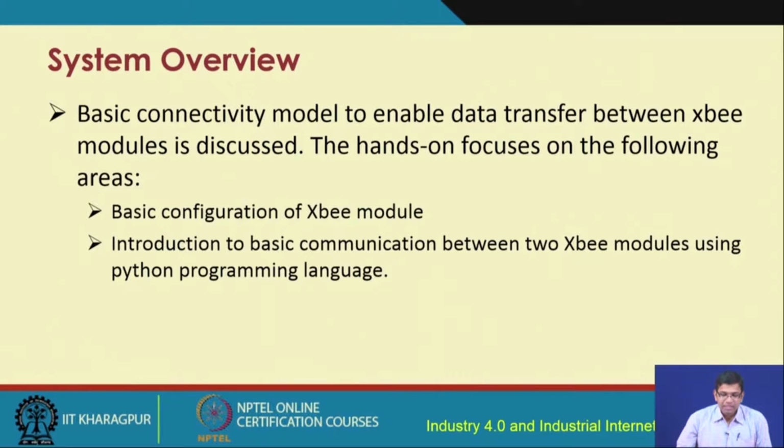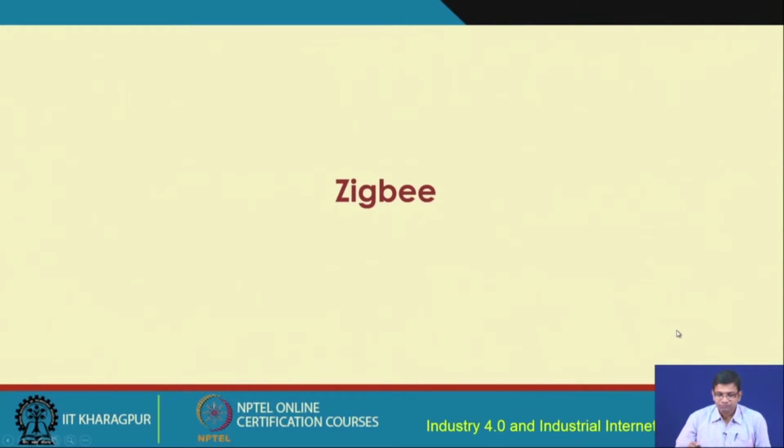We are going to focus on this XBee, which is a product from a specific company which follows the XBee protocol. I am going to show the module and its configuration, and thereafter introduce the basic communication between two XBee modules using the Python programming language, which I am going to do next.